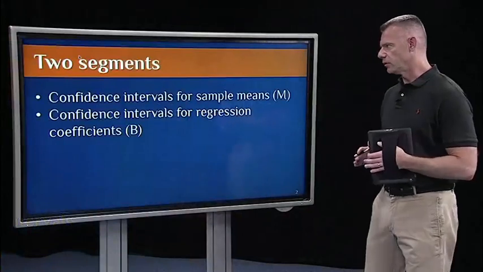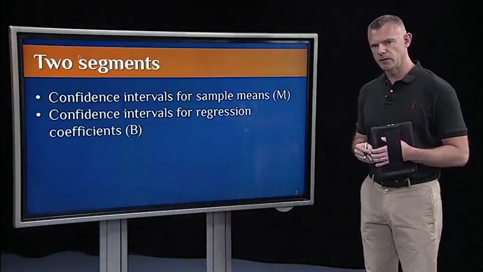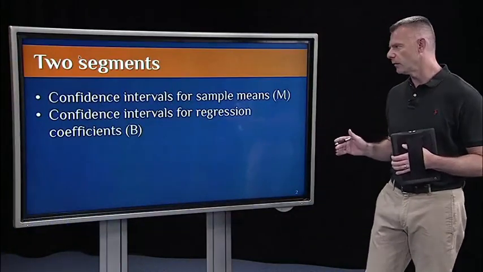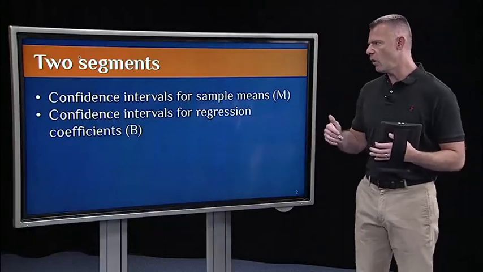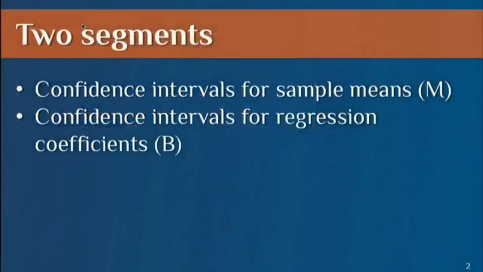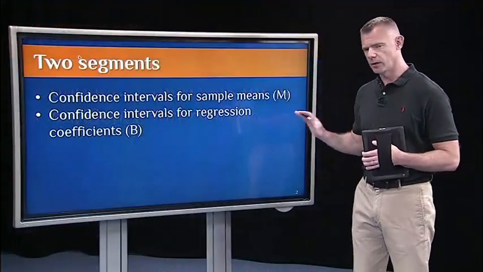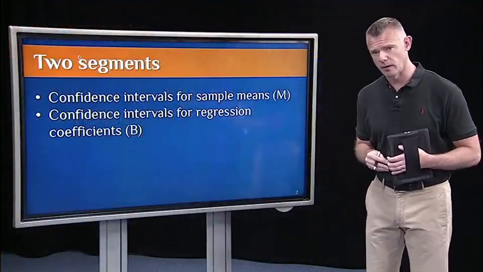In this lecture, I'll divide the topic of confidence intervals for now into just two segments. In the first segment, I'll talk about confidence intervals around sample means, and then hopefully reinforce the idea of confidence intervals by talking about confidence intervals around regression coefficients, since we've spent a good bit of time on regression, and again in the next lecture we'll be talking about multiple regression.